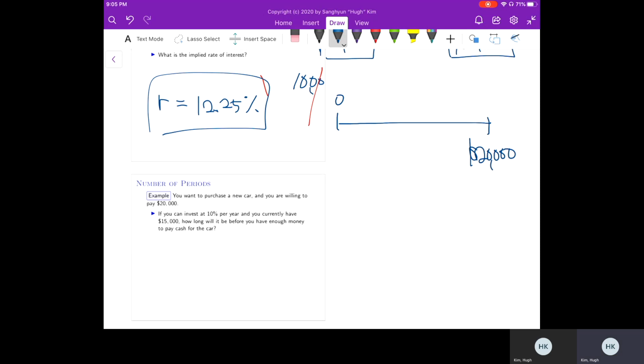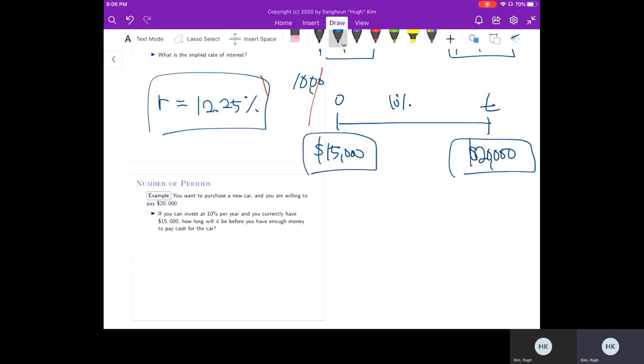You can invest at 10% per year, and you currently have $15,000, and you want to know how long it's going to take to have $20,000. Okay.